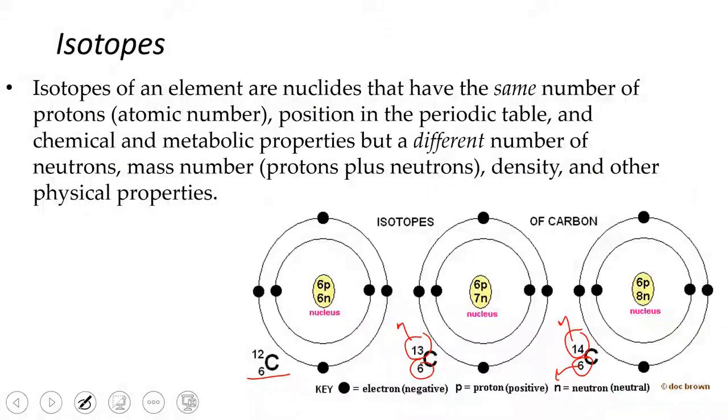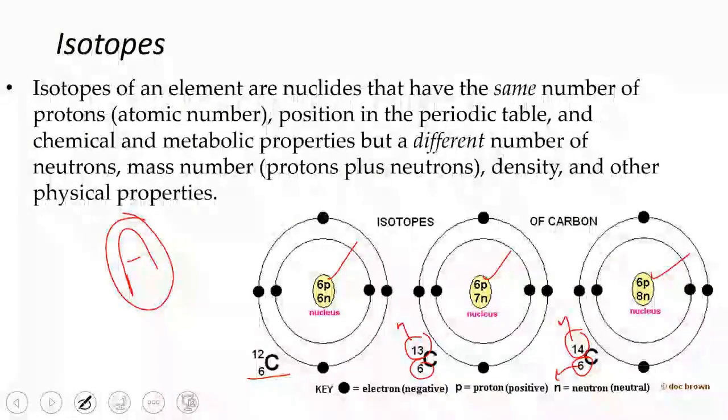For instance, carbon-12 versus carbon-13, alongside carbon-14, all differ based on the number of neutrons. If there is a pronounced imbalance between the neutrons and protons, then the isotope is classified as a radioisotope.